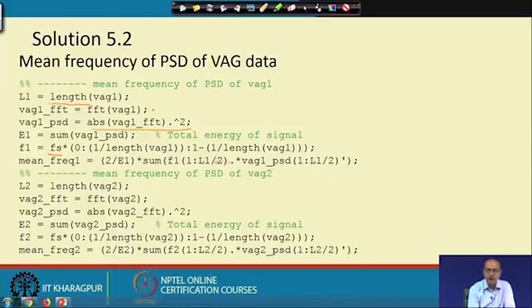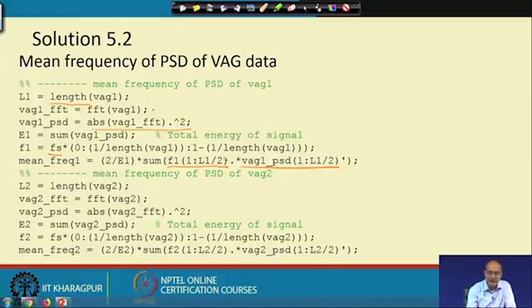Okay. We are not going the full length, we are going half of it, 1 to L1 by 2 for the frequency axis, and for the spectrum we are taking the dot product, and we are taking the sum over this and dividing by half of the energy to get the mean frequency.